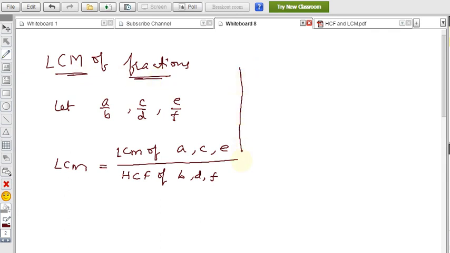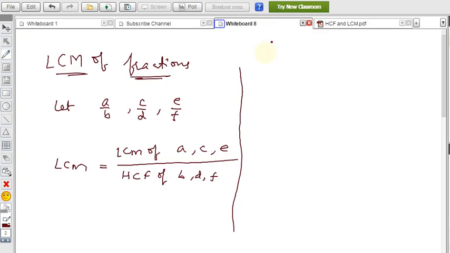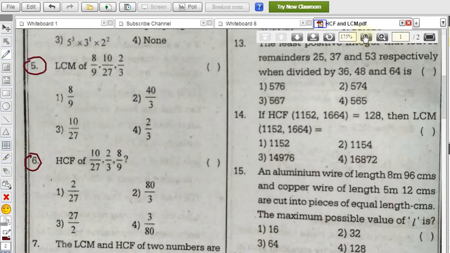Let us take some example. LCM of, okay, this example I am taking: 8 by 9, 10 by 27, and 2 by 3.